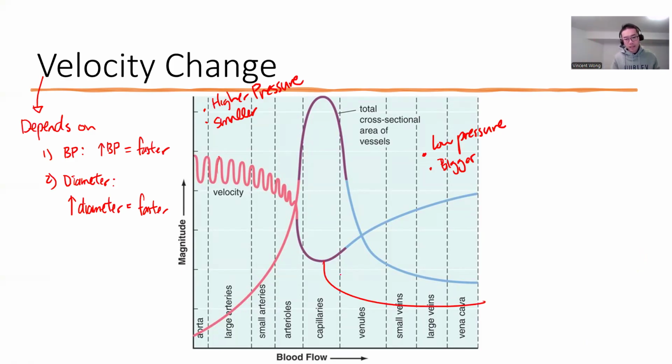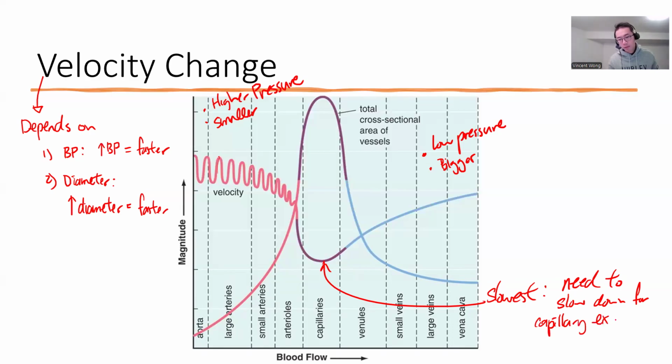At the capillaries, it is going to be the slowest. Okay, slowest. The blood needs to slow down for capillary exchange. You don't want the blood to be whooshing by. You need to give it some time for the oxygen to go in and the nutrients to go in, out, and so on and so forth, right?